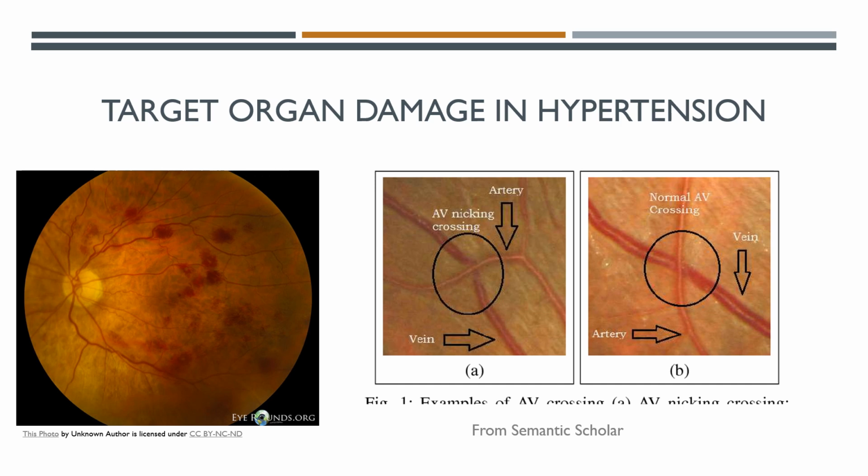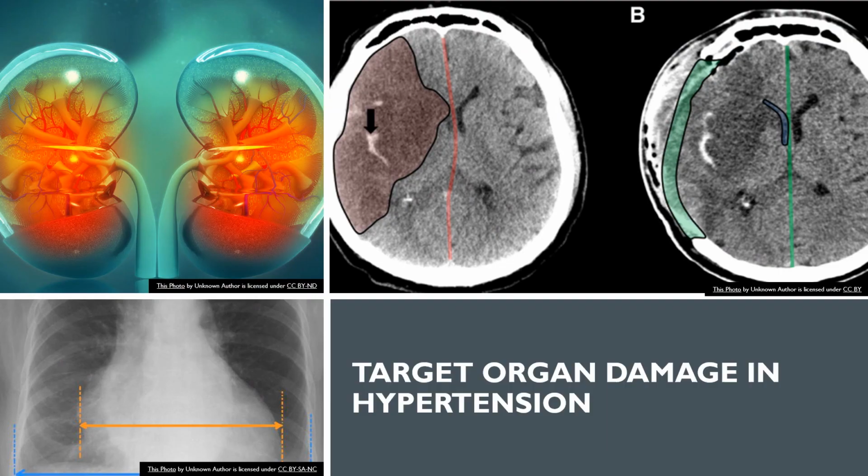The following images depict target organ damage from hypertensive retinopathy. These include flame hemorrhage and AV nicking. Also, cardiomegaly, stroke, and renal failure are other common target organ damage from hypertension.